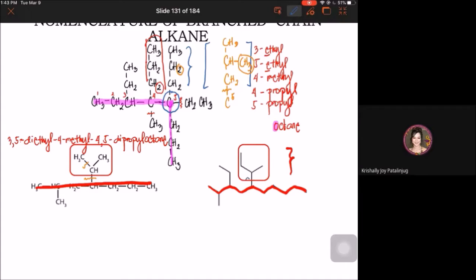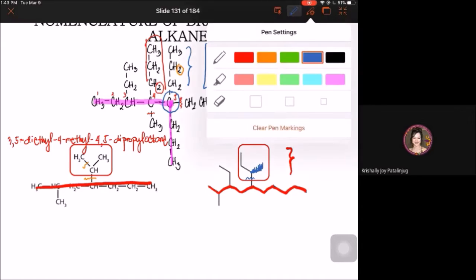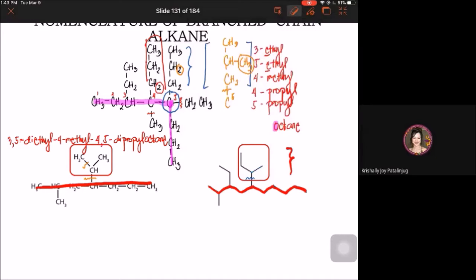From this point of attachment, it is okay if this is not there. If that were not there, the one I scratched in blue, that is obviously propyl, because it is a 3-carbon, straight chain alkyl group. That is propyl. But what if the substituent still has a branch? Then that is already a complex substituent.